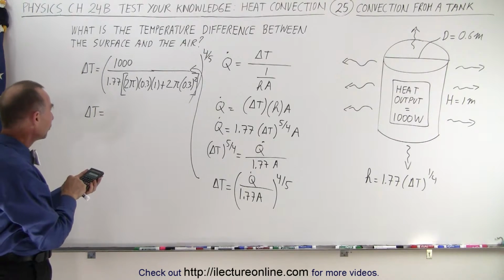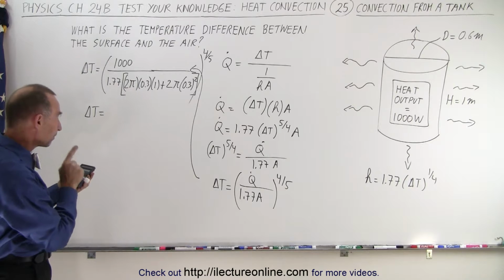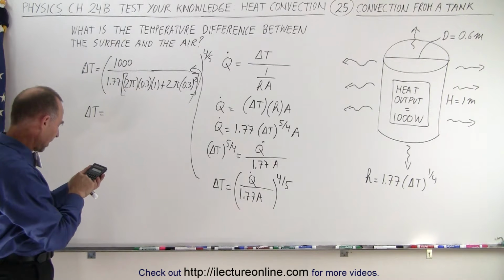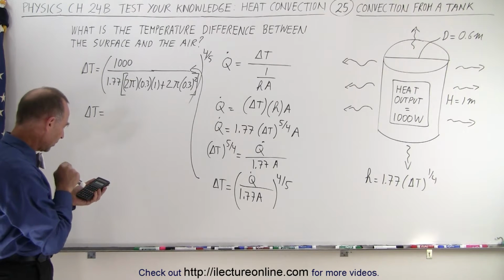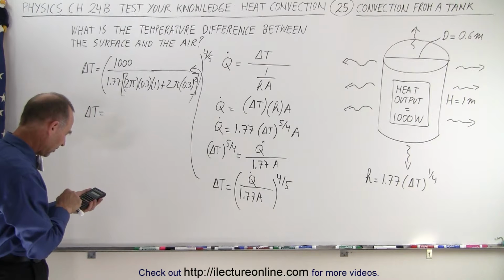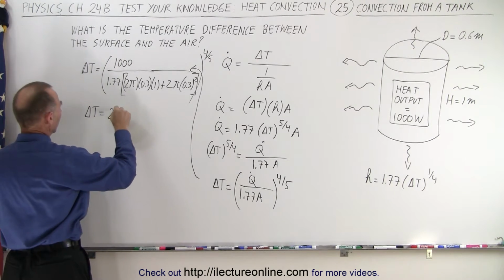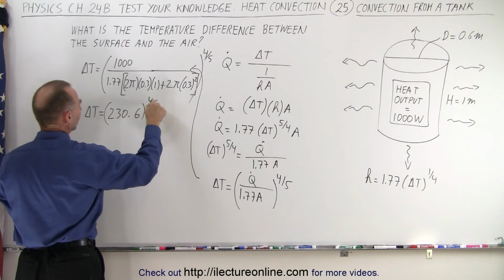Multiplying, we have 2 times pi times 0.3 times 1 plus 0.3 squared times 2 times pi equals, multiply times 1.77 equals, divide that into 1,000, so take the inverse times 1,000 equals, and so what we end up with is 230.6 raised to the 4/5 power.